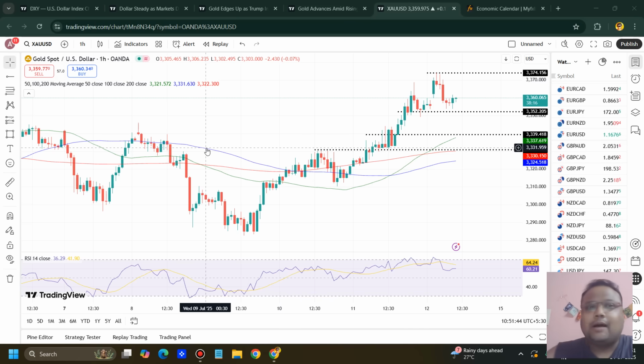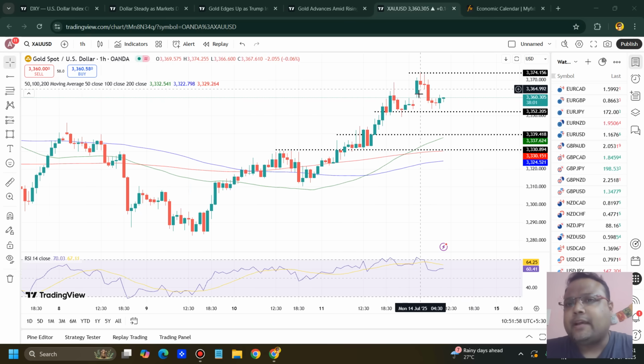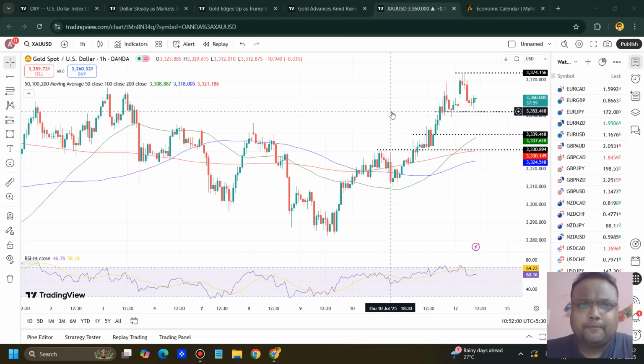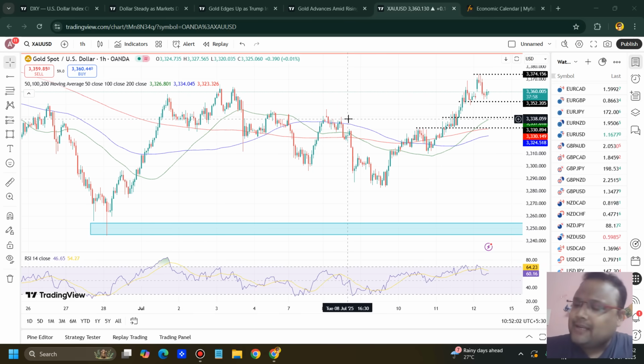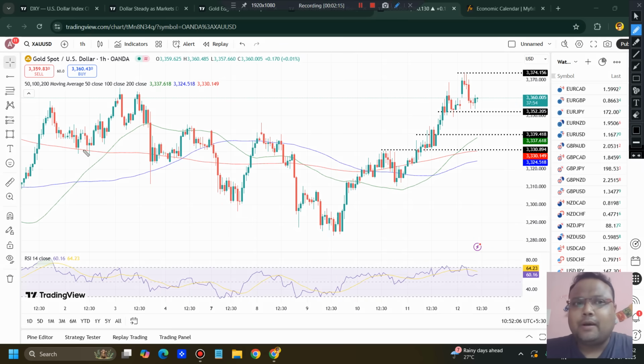Now let's talk about gold. This is the hourly chart of gold in front of us, and we can see that gold is trading around 3360. The market opened with a little gap up, the market filled the gap, and after filling the gap, the market is trying to go up again. The sad news is that before I went to Dubai, gold was clueless, gold was pathetic.